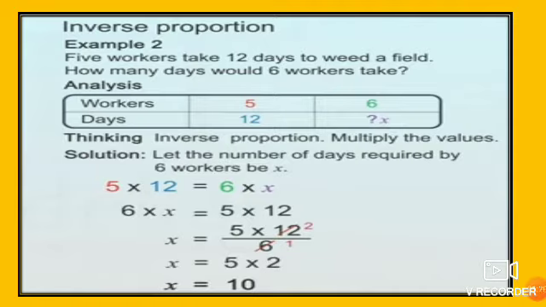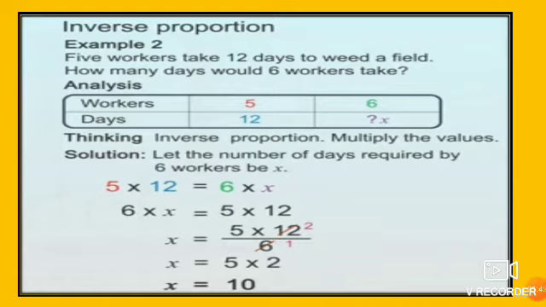If the number of workers is increased, they can complete the work earlier. It means how many days will they require, less or more? Fewer days. So the first quantity increases, the second quantity decreases. Days decrease. That's why this example is of inverse proportion.